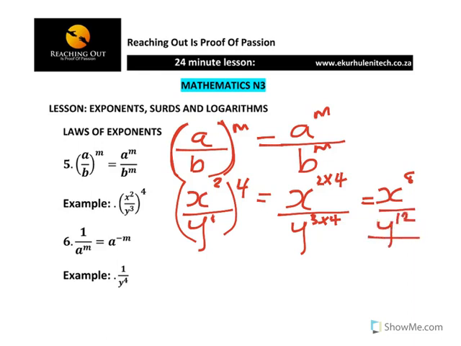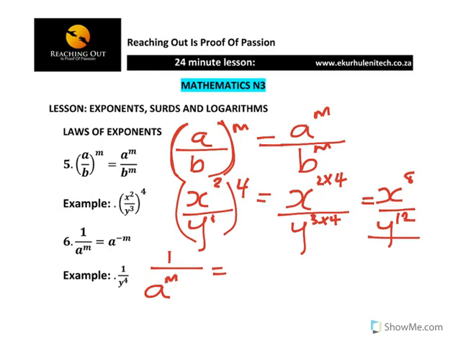The next law that we're looking at here is 1 over a to the power m. This is very important. Now, whenever you're simplifying this, we are not leaving our answers with a negative exponent.